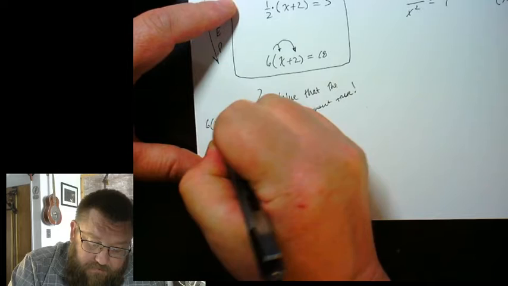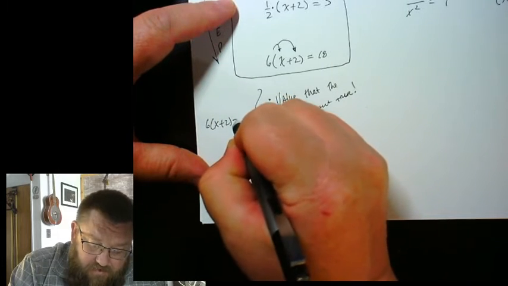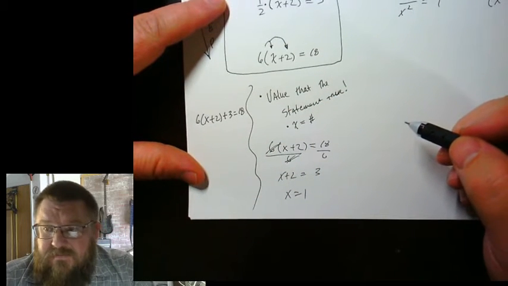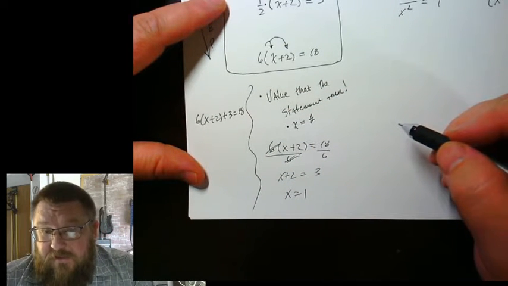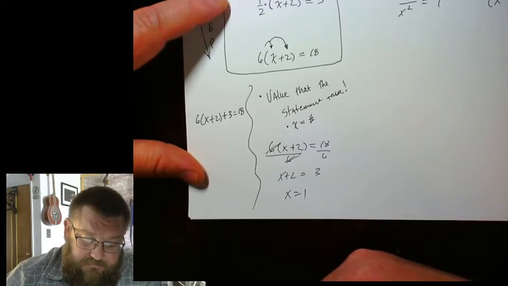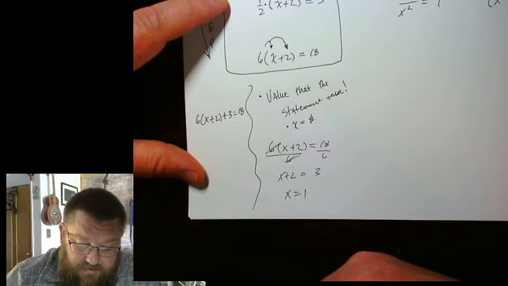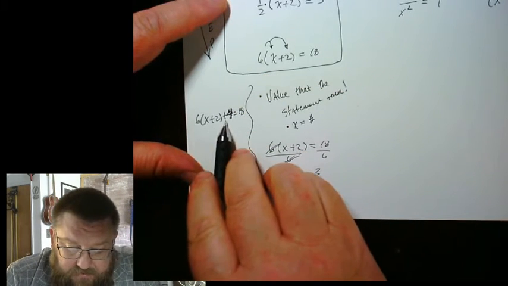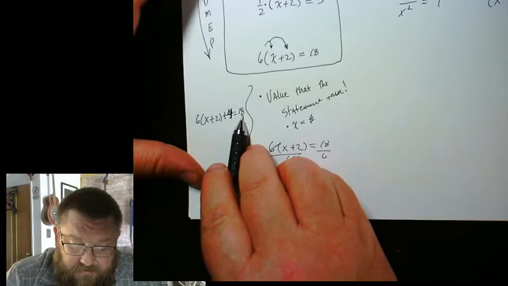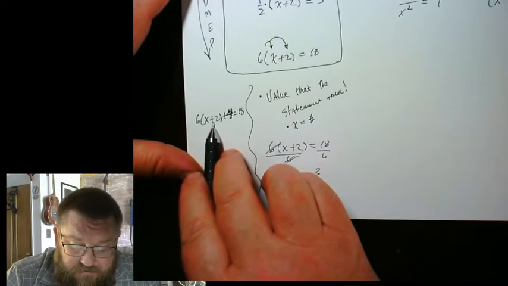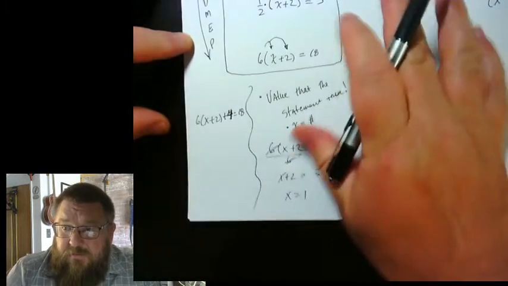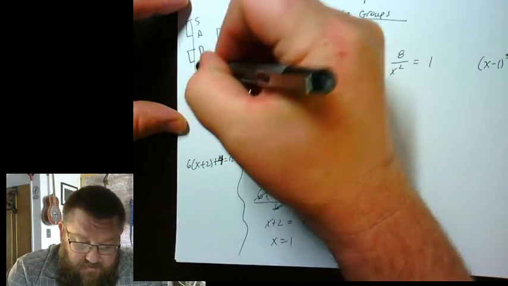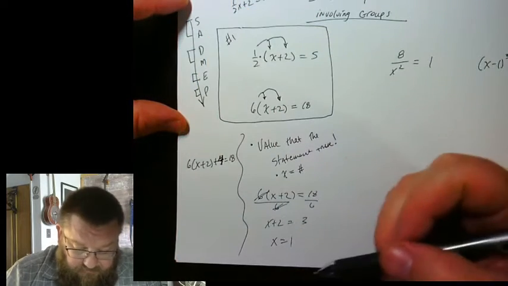Now, here's where you've got to be a little bit careful. What if it said something like this? Ooh, now that's a little different. In fact, I'm going to make this a 4 so our numbers work out a little easier. So here it says 6 times x plus 2, plus 4, equals 18. This one's a little different because this 4 is not in the group. And if we look at our order of operations up here, addition and subtraction go first, second, third, last.